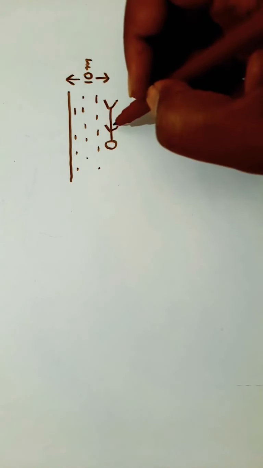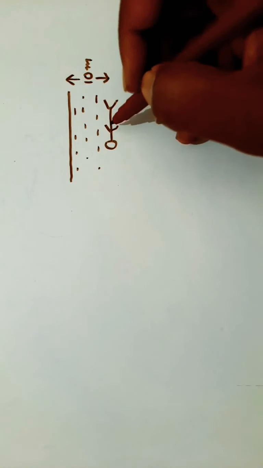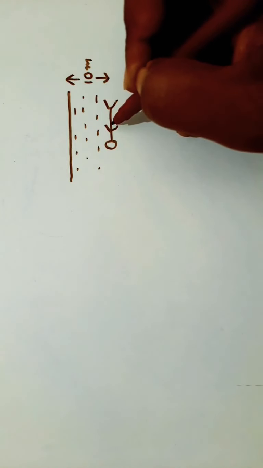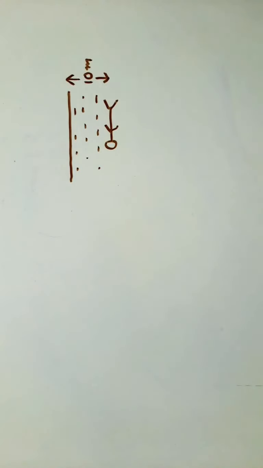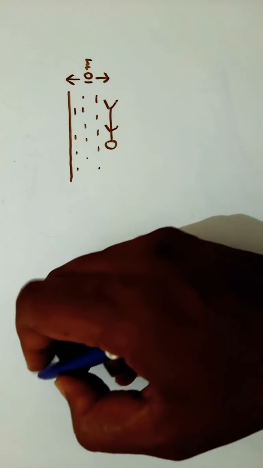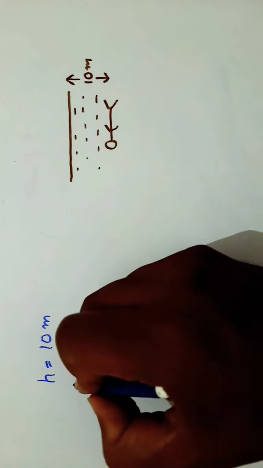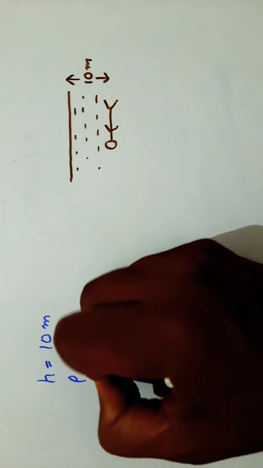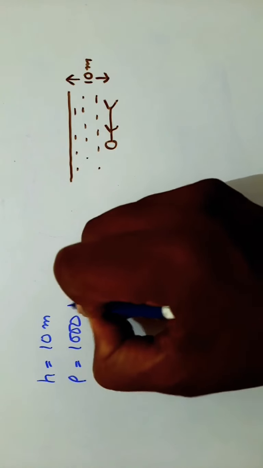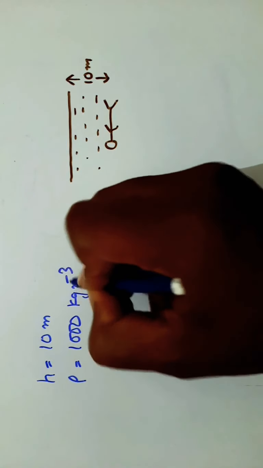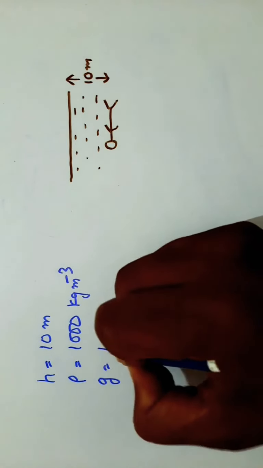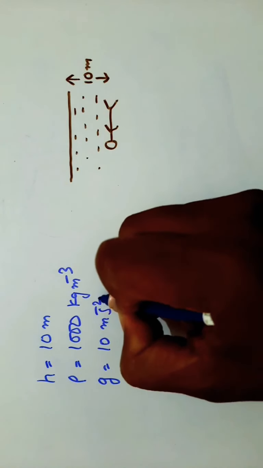So here we have to find what is the pressure on the swimmer. So here depth is given, so that is h is equal to 10 meter. We know density of water rho is equal to 1000 kg per meter cube, and we know g is equal to 10 meter per second square.